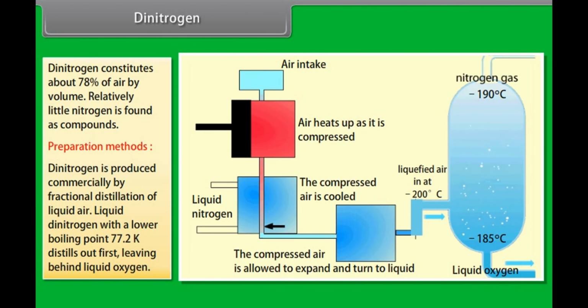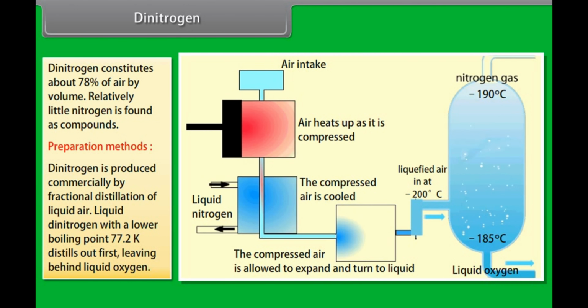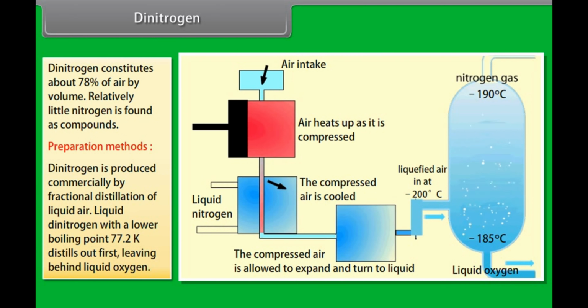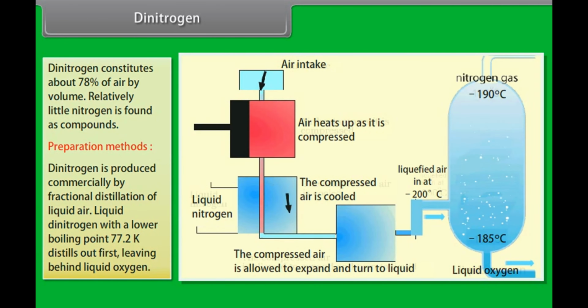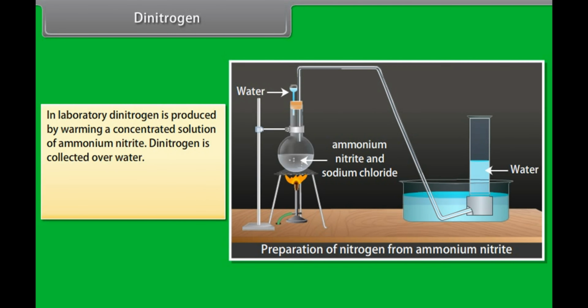Dinitrogen is produced commercially by fractional distillation of liquid air. Liquid dinitrogen, with a lower boiling point, 77.2 Kelvin, distills out first, leaving behind liquid oxygen. In the laboratory, dinitrogen is produced by warming a concentrated solution of ammonium nitrite.